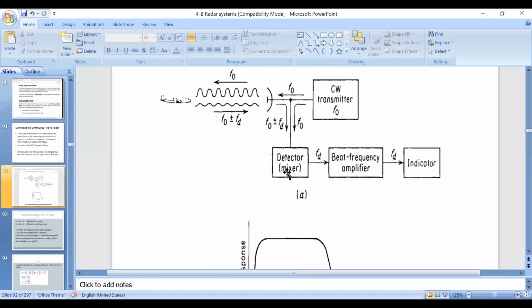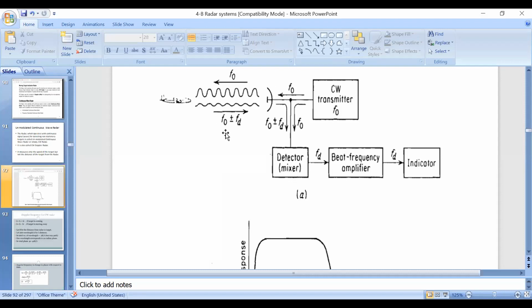So here we have a mixer, or detector. The next block is the detector or mixer. This detector or mixer has two inputs. The mixer block always has two inputs, right? One signal is the received signal from the receiver, that is f naught plus or minus fd, and the other signal is f naught.